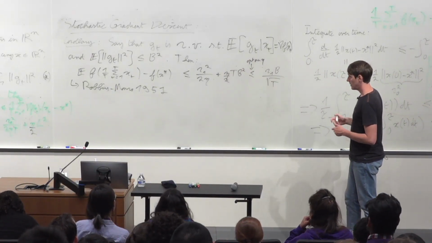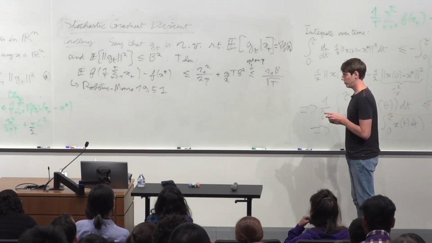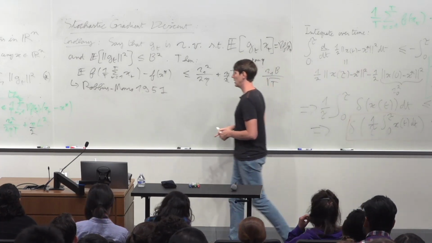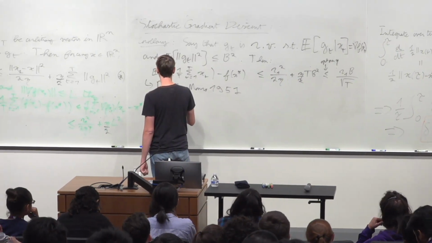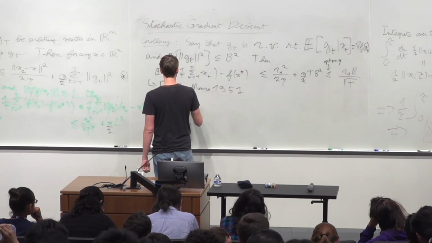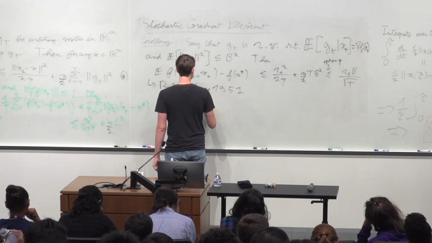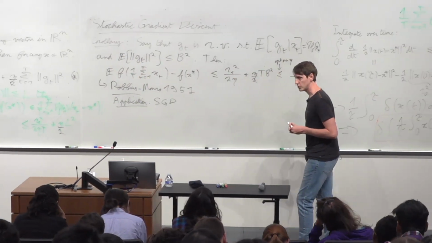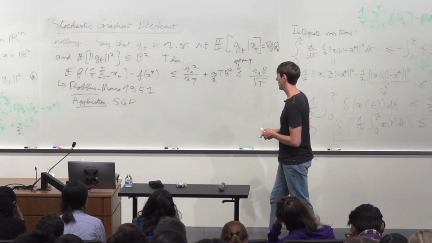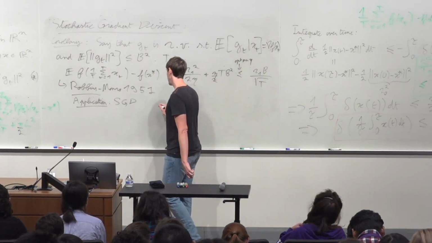Let's see an application of this to an algorithm which is actually used all the time, SGD, stochastic gradient descent. And we're going to see there are two different versions.